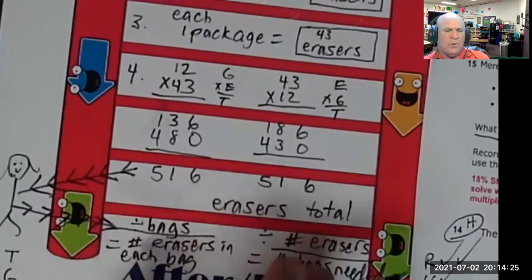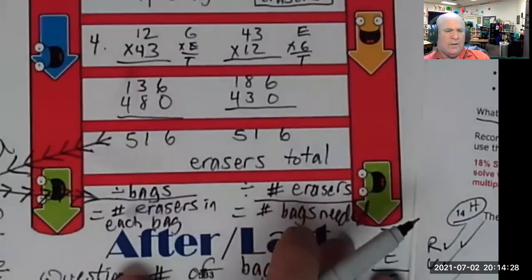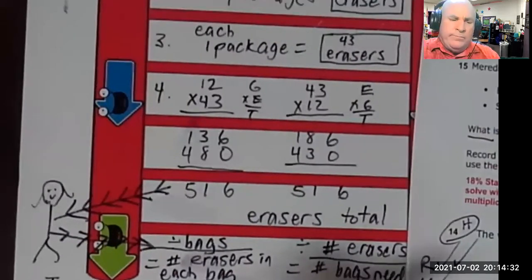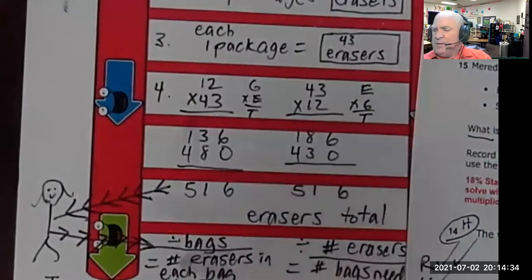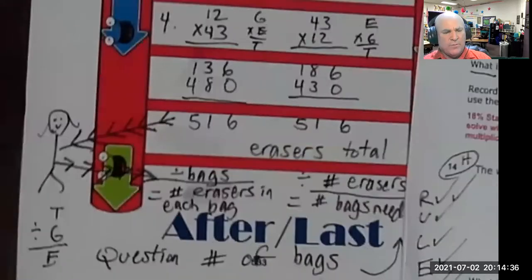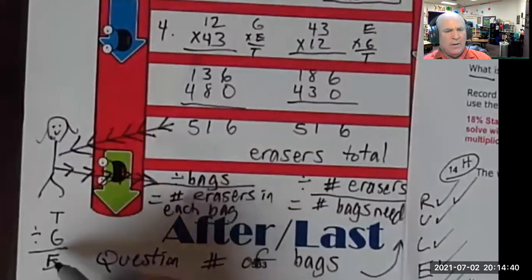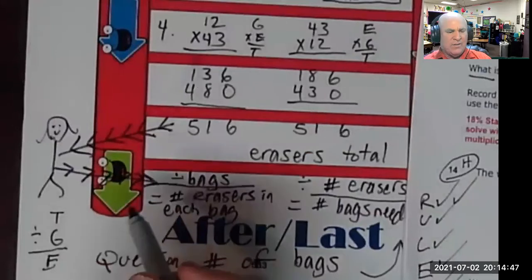Okay? So the 2 formulas are your total divided by your groups is how many are in each bag. But they already told us how many are in each bag: 6.